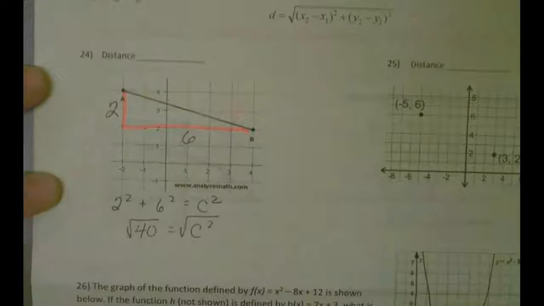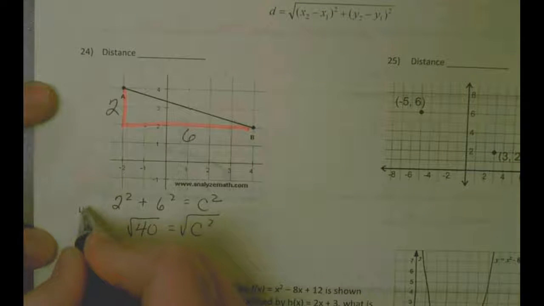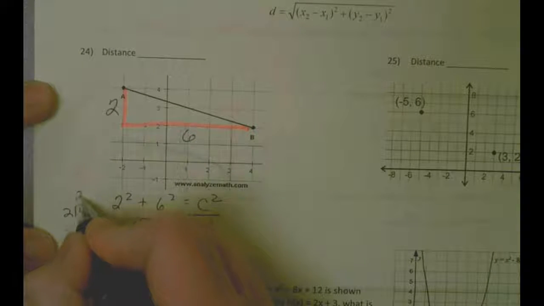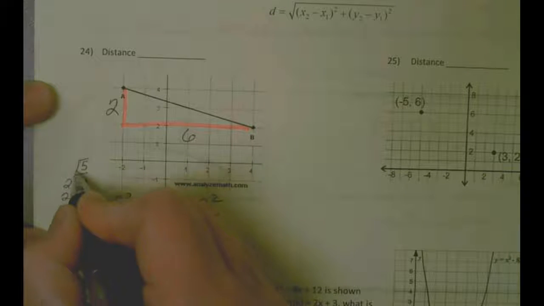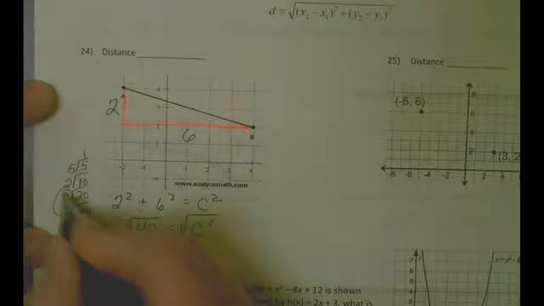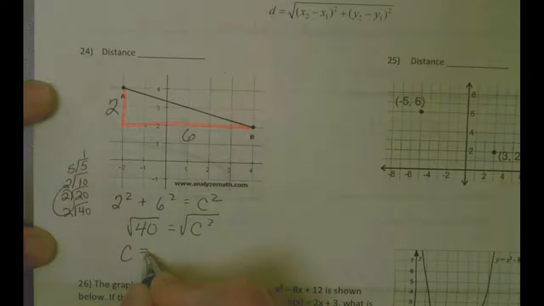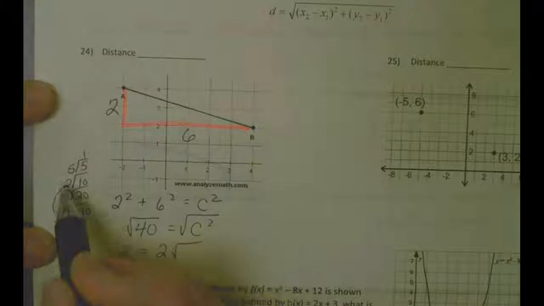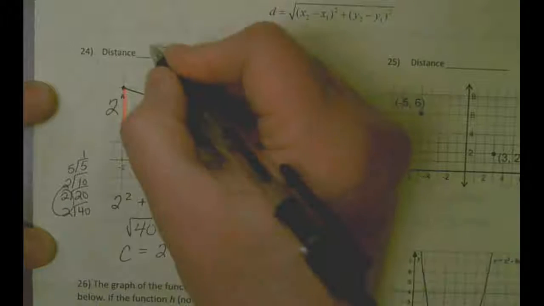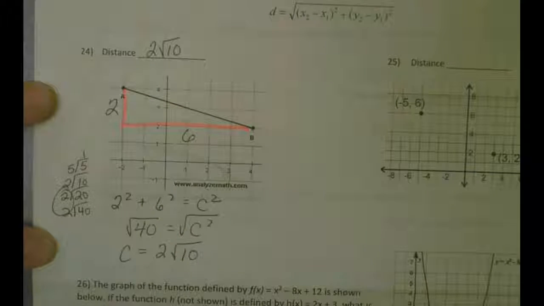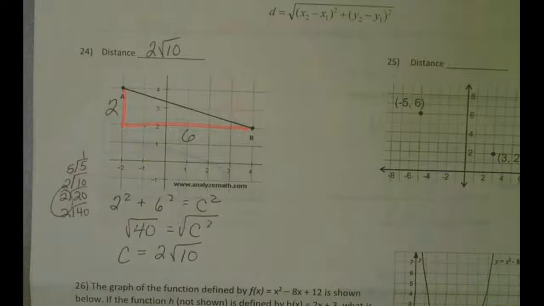Take the square root of both sides. Do a box problem on the 40. Have a pair of 2's, so that c is equal to a pair of 2's. The 2 times the 5 makes a 10. This would be 2 square roots of 10 for the distance.